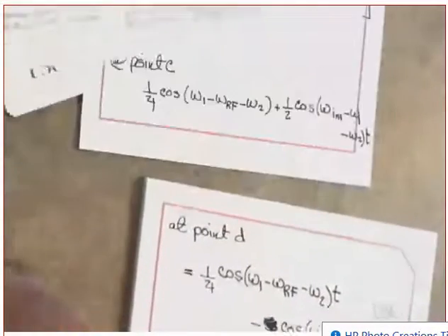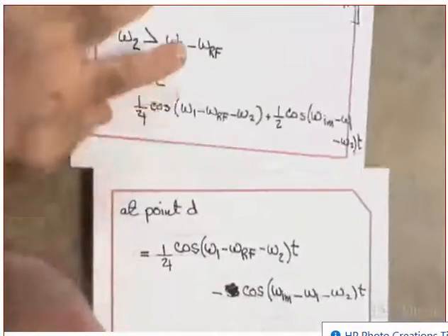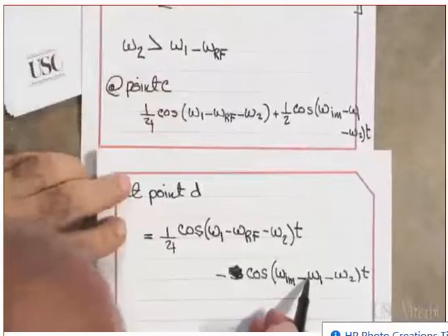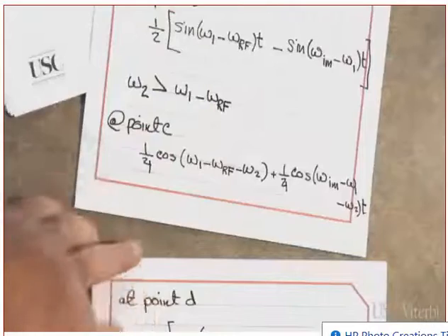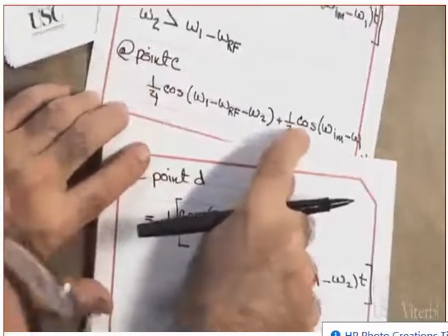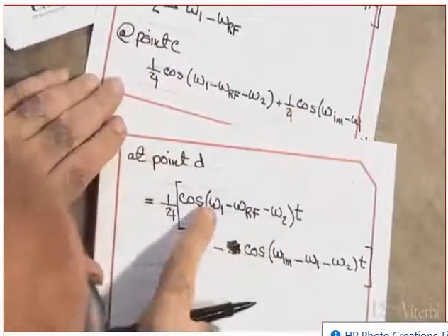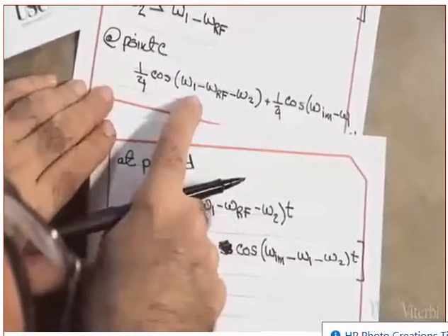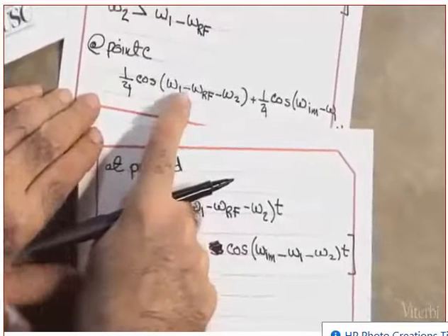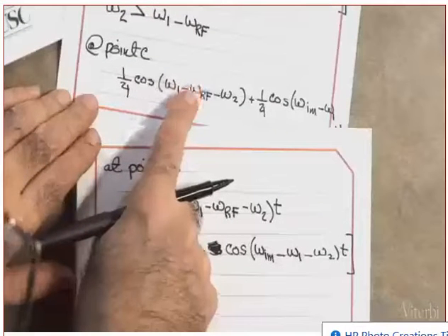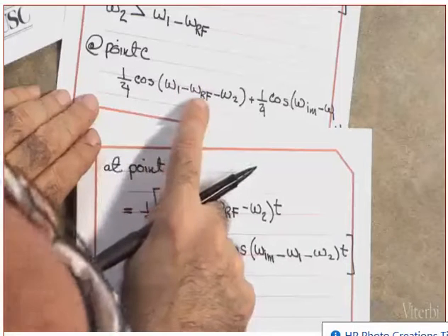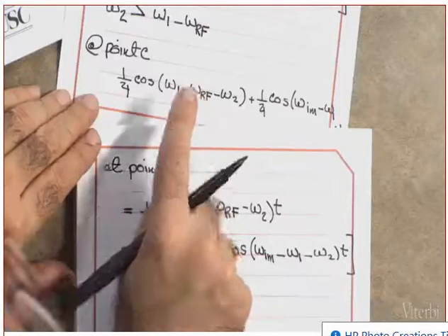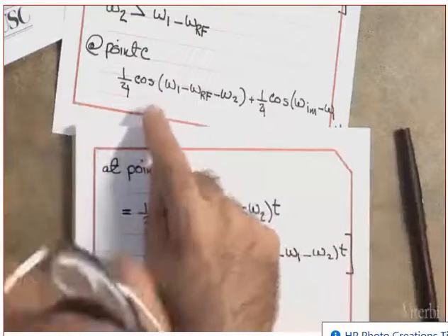Okay. Now, if you add them together, what will happen? This will cancel with this, you agree? This will add up with this. What is the IF? In other words, listen to me.